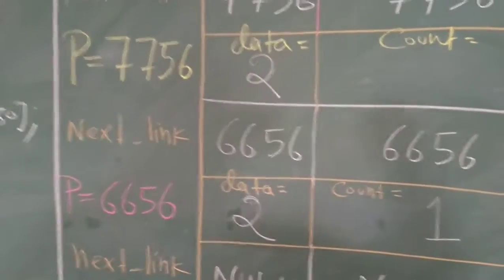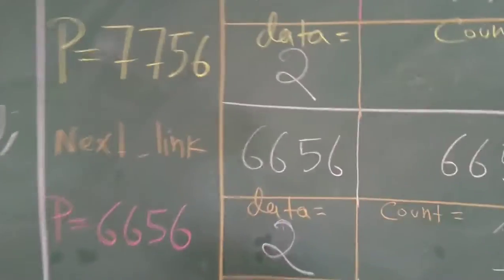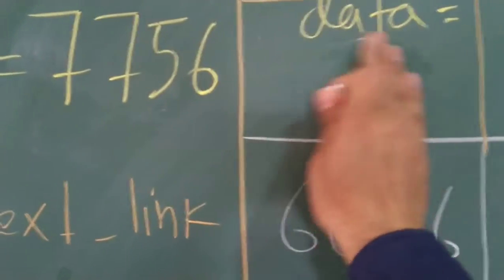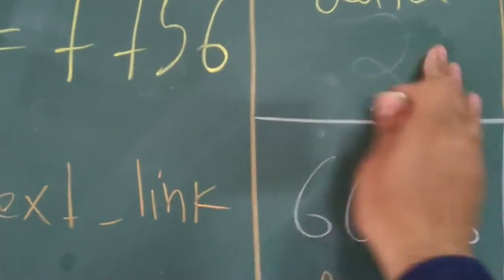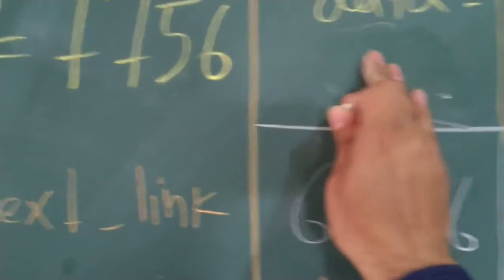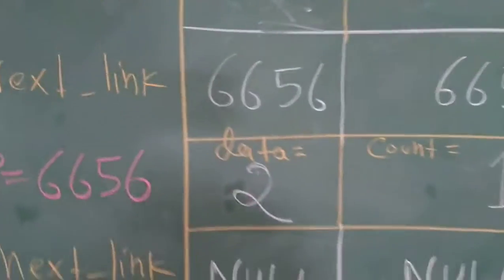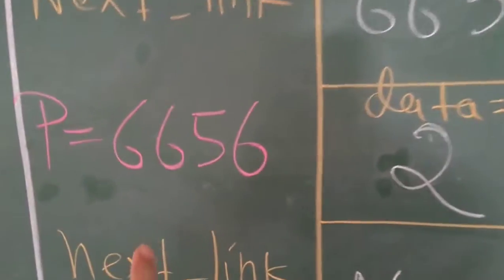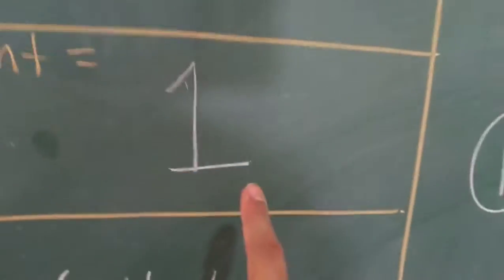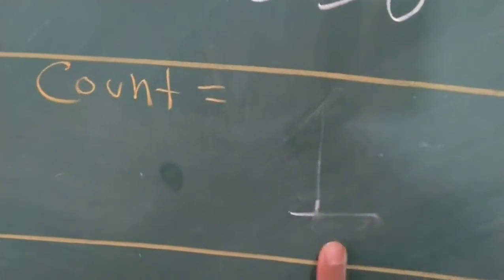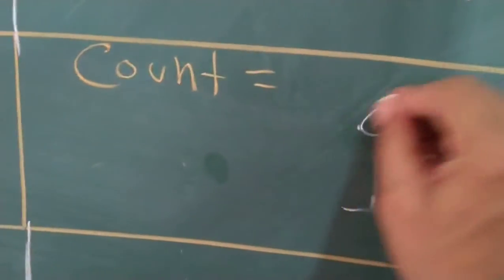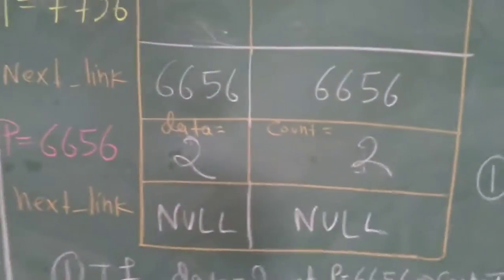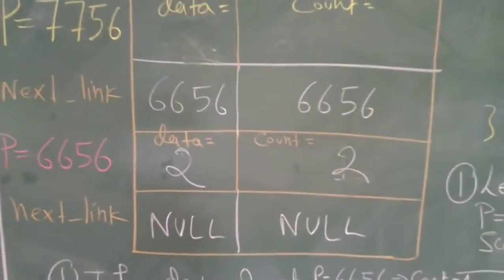If again the data is the same, in this condition your program will not write a new node here. Your data will be here, it will be counted here. This 2 has come 2 times. The data is 2.